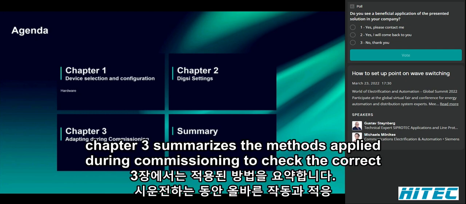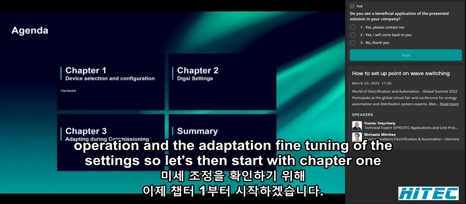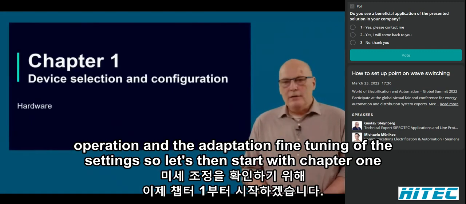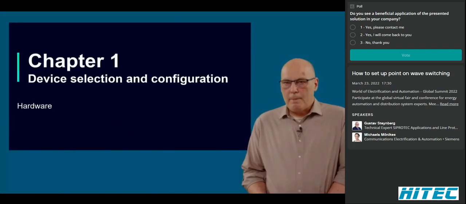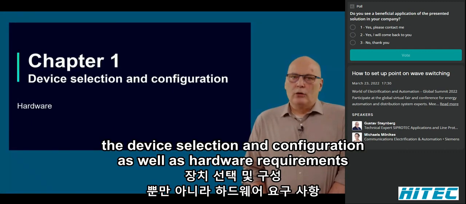Chapter 3 summarizes the methods applied during commissioning to check the correct operation and the adaptation, fine-tuning of the settings. So let's then start with Chapter 1. The device selection and configuration, as well as hardware requirements.